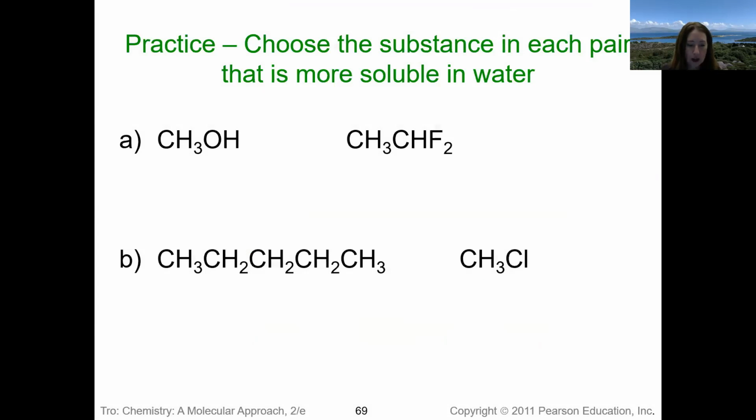Okay, so let's practice this. All right, so our choice is going to be 1 or 2. So which one of these is more soluble in water? Okay, so what do you think? 1 or 2 for A? And feel free to type your answer in the chat.